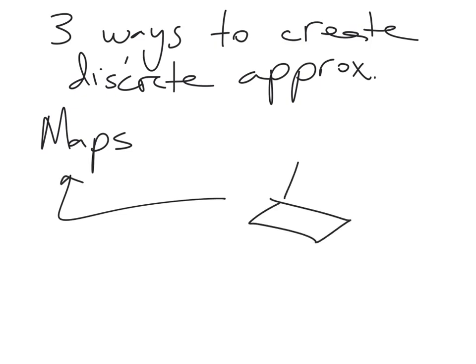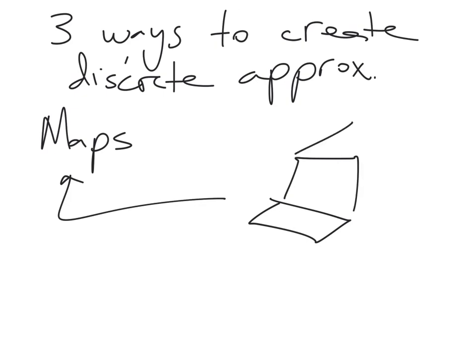We now have 3 ways to create a discrete approximation to the exact solution. These ways are all maps instead of differential equations. Why do we want maps? It's very easy to program a map in a computer.